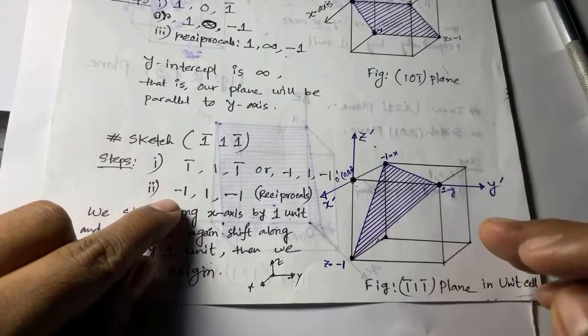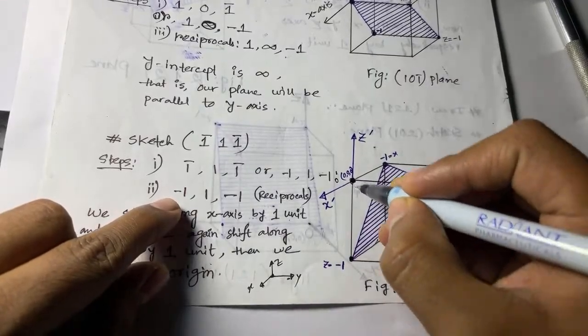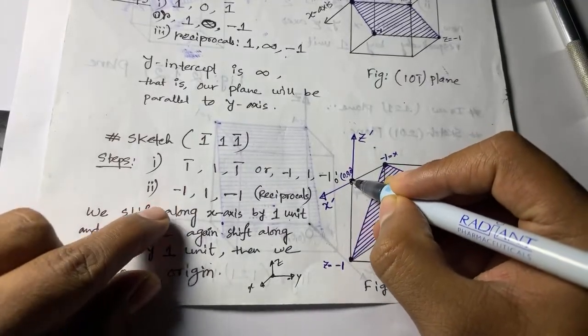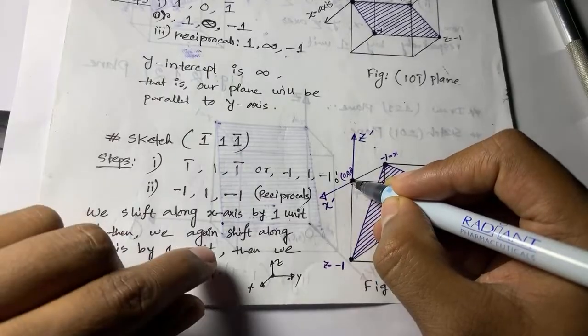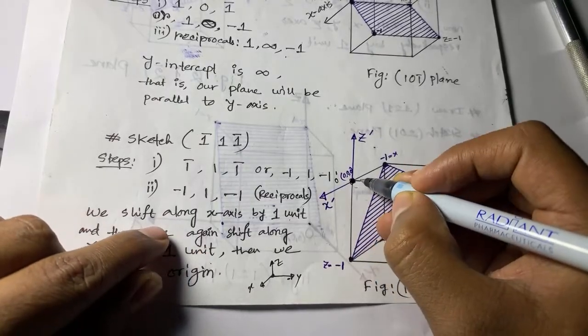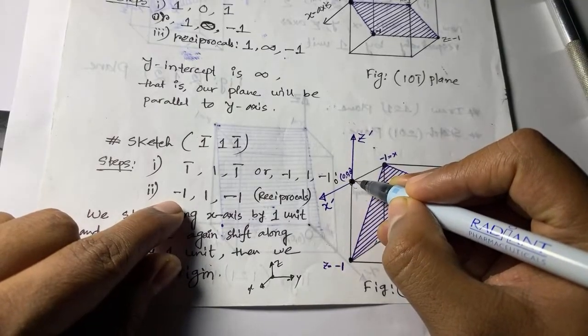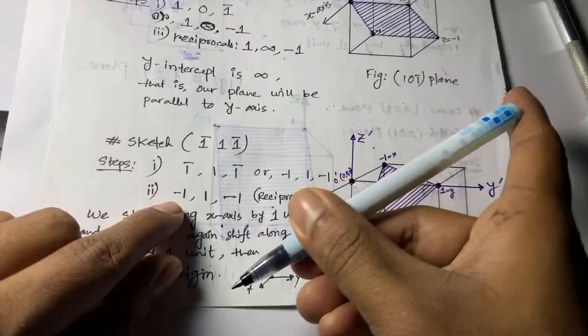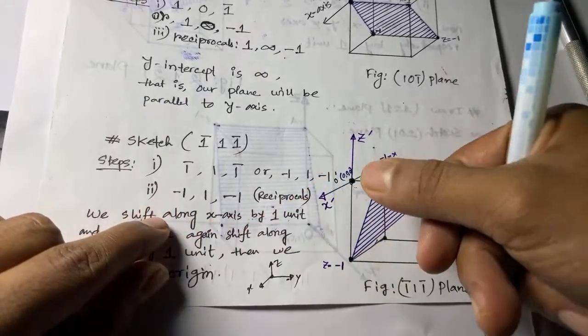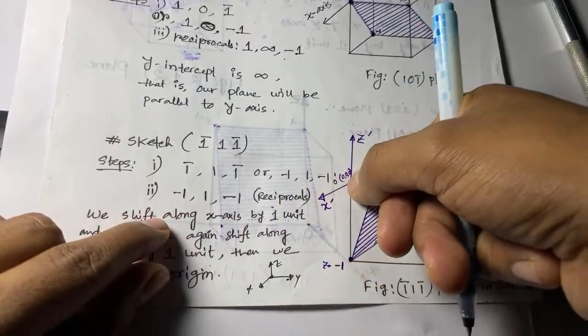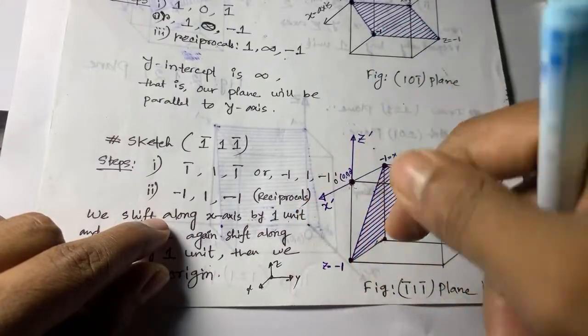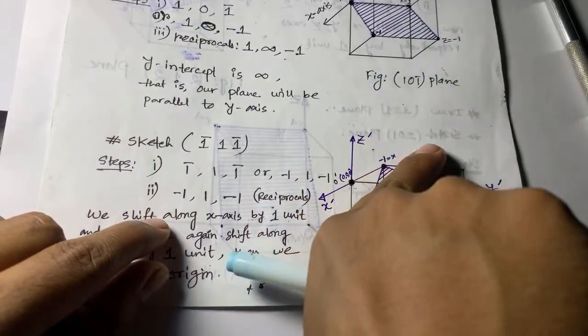You can see that the x-intercept is -1. Remember, this is the origin. From the origin, you go back in the negative direction. Do not go to the positive direction. From the origin, this is plus x and this is minus x.